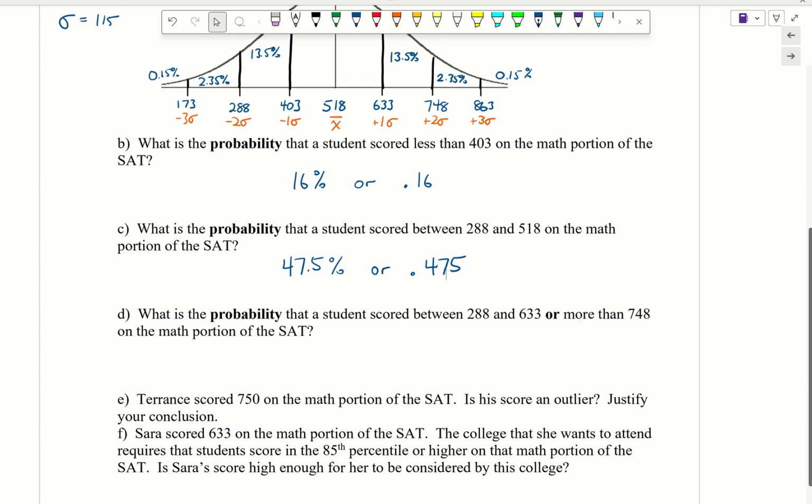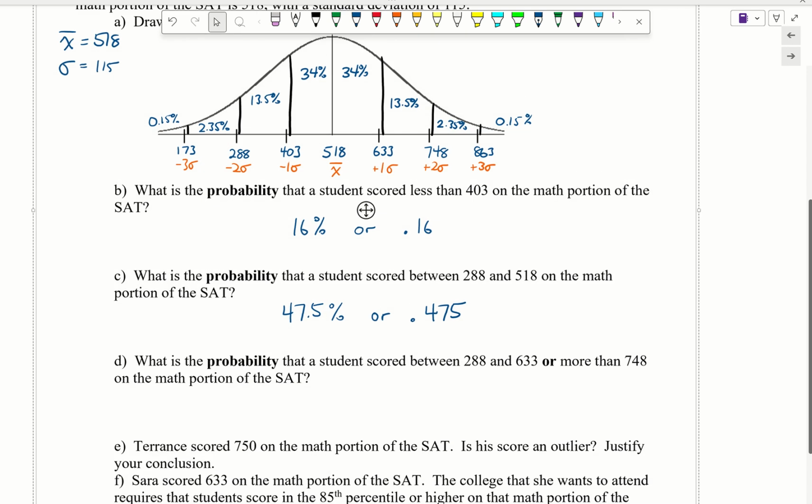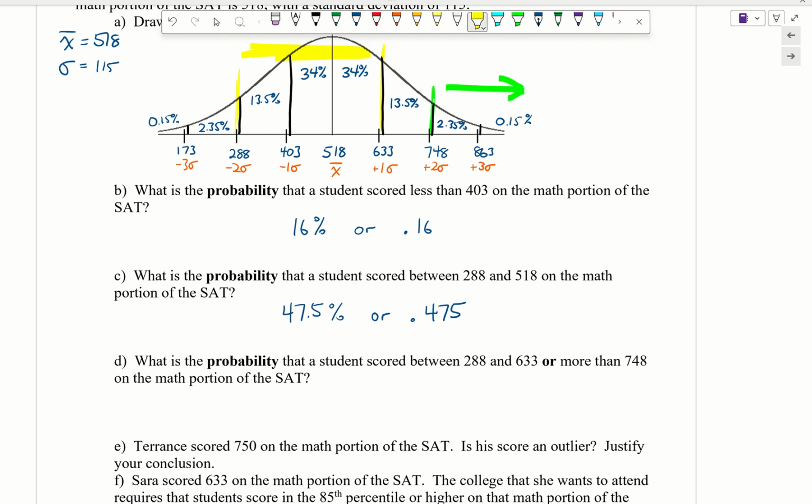All right, part D. What is the probability that a student scored between 288 and 633 or more than 748? This time we have a couple of different things to understand. We're between 288 and 633, and then more than 748. Basically we have everything in this range.